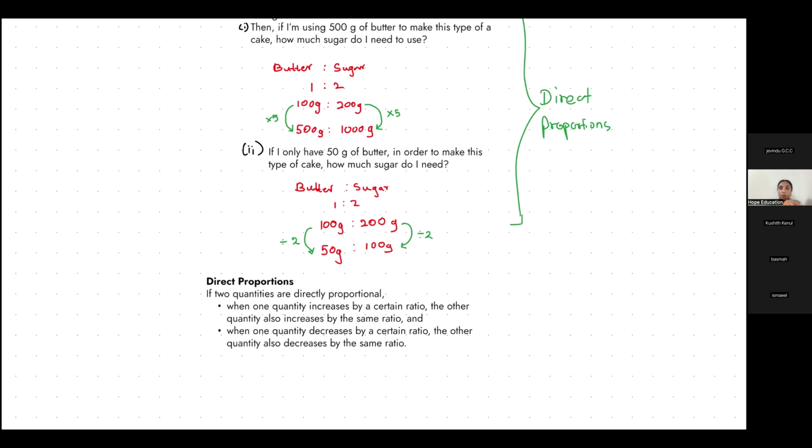However, in inverse proportions, if one quantity is increasing by a certain ratio, the other quantity is decreasing by that same ratio. Opposite effects. If one quantity is decreasing by a certain ratio, the other quantity is increasing by the same ratio. So let's look at some examples.